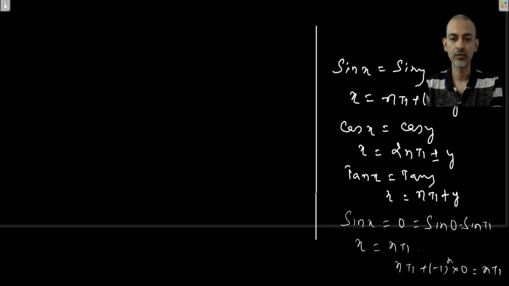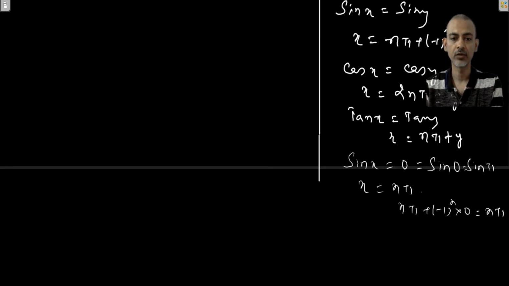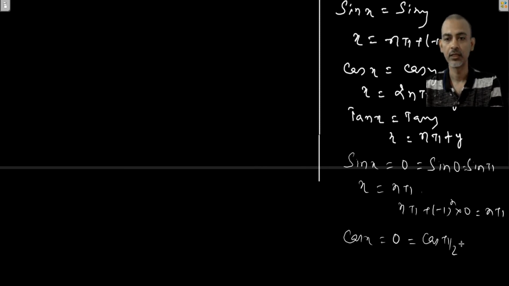So x equals n pi is one, and the second one we have to remember is when cos x equals 0. This means it's an odd multiple of pi by 2. First of all, this will be cos of pi by 2, then it will also be equal to cos of 3 pi by 2, and so on. So in this case, we can simply write x equals (2n plus 1) into pi by 2, because these are odd multiples of pi by 2.